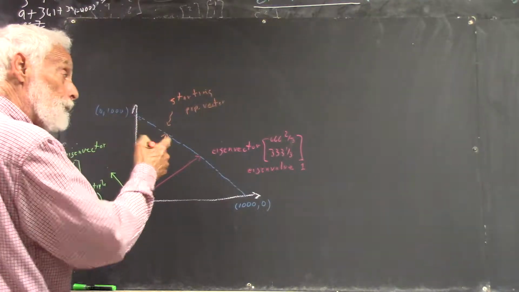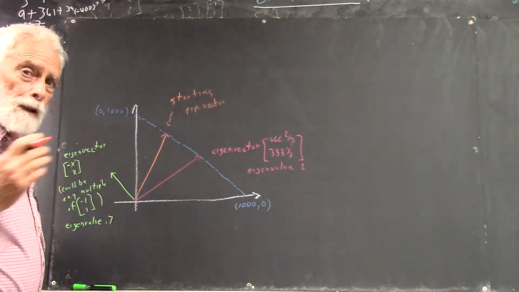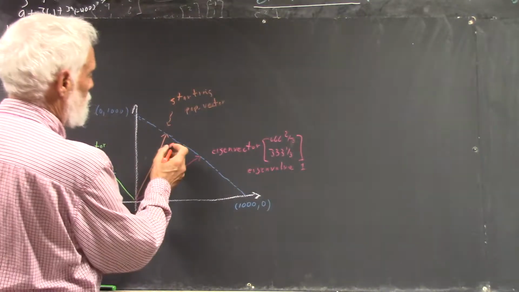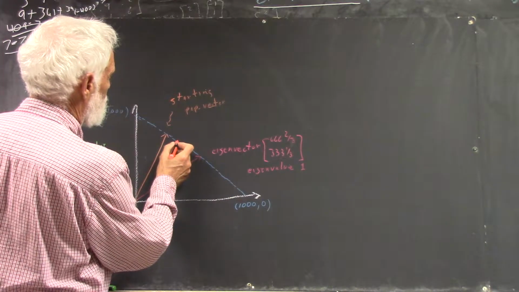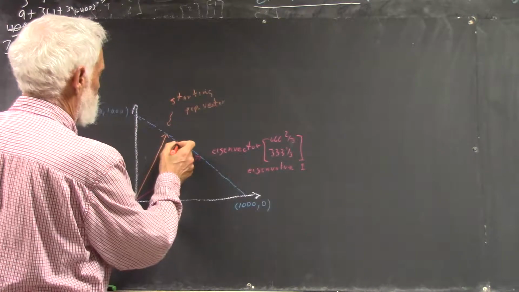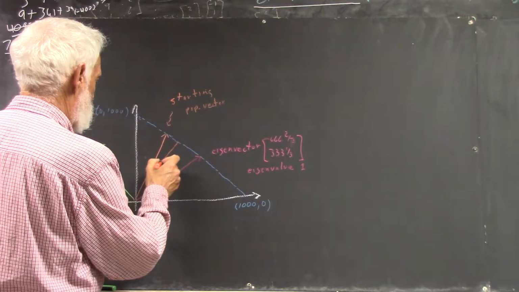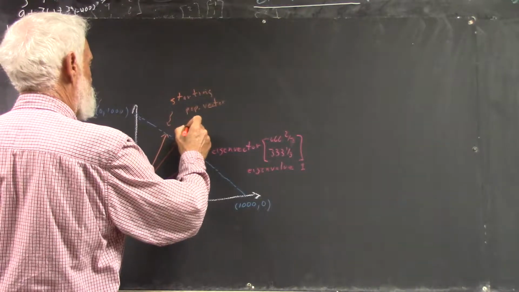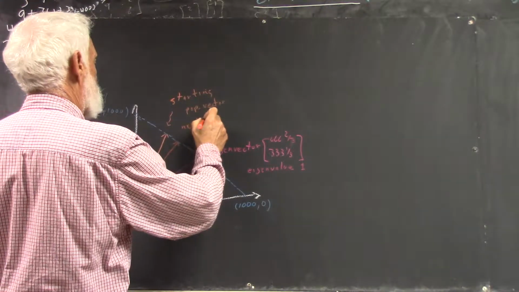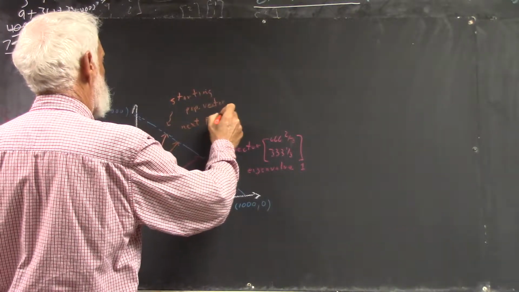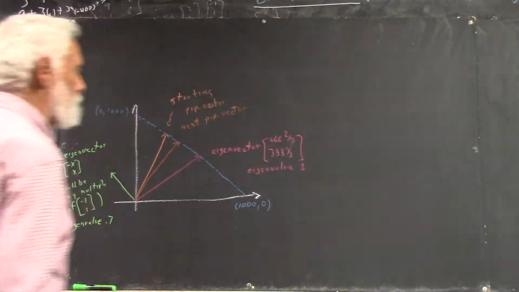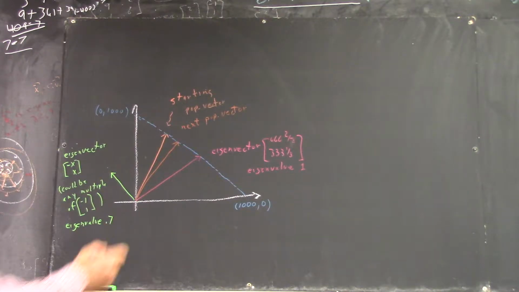Okay, starting population vector. Now, the big deal here is that this vector is going to be about here. This is your next population vector. Here.